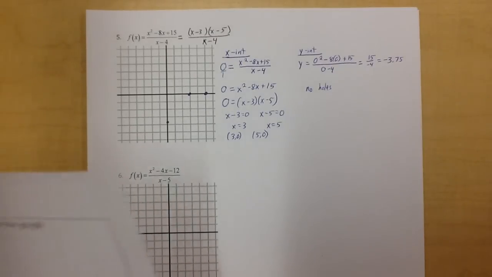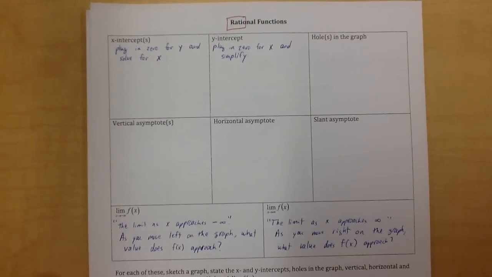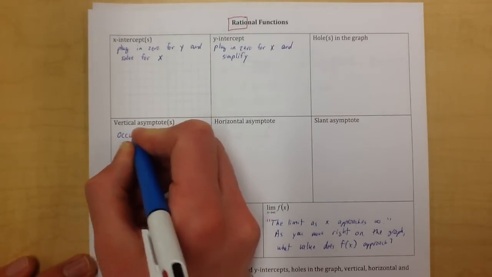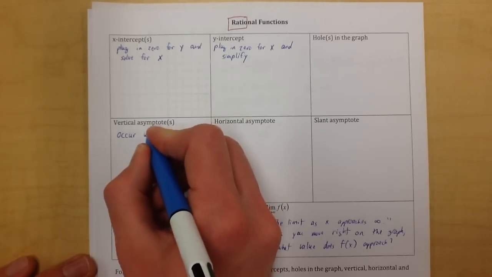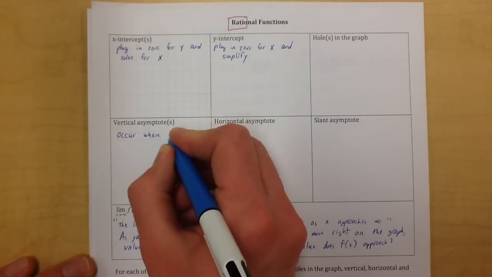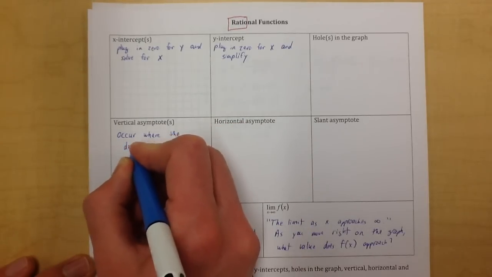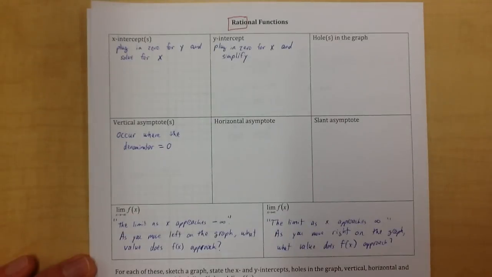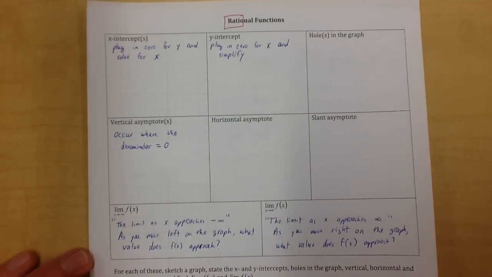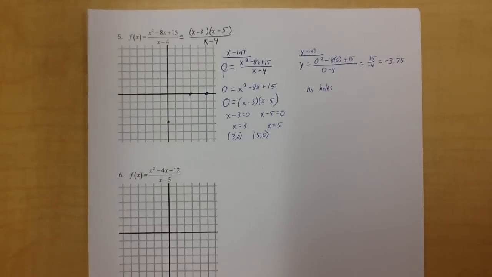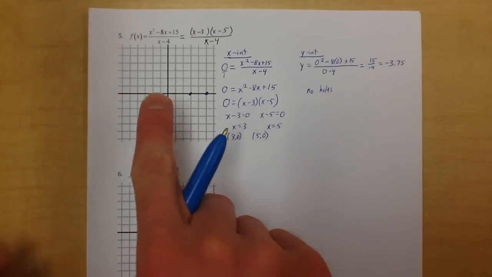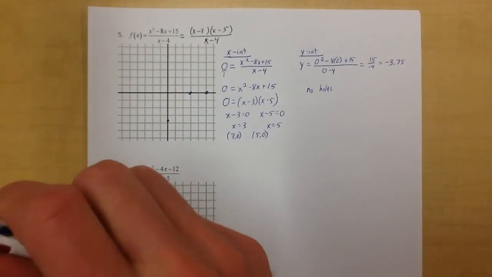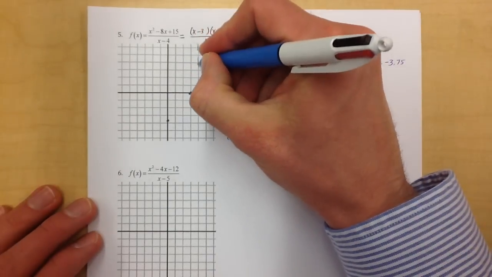So, first thing, a vertical asymptote, they occur where the denominator equals 0. So, on this one, what would make your denominator 0? 4. So there's going to be a vertical asymptote at 4.